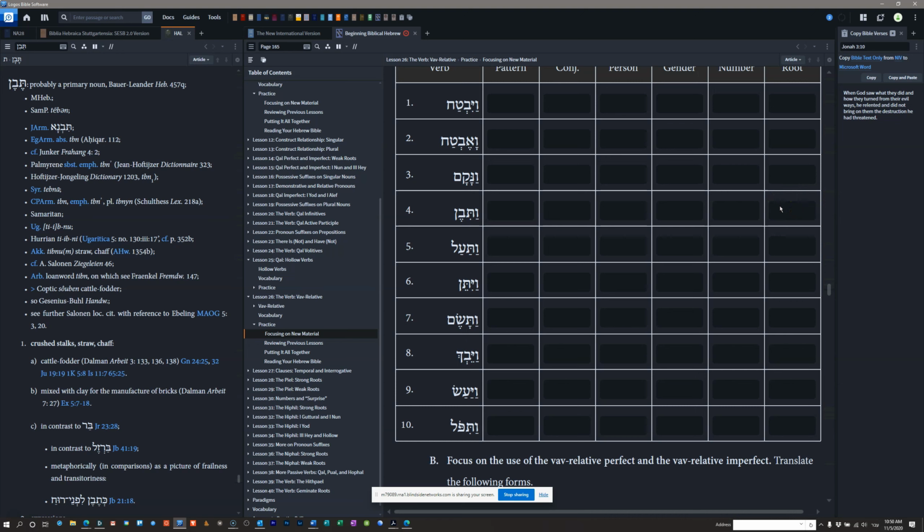All right, pretty straightforward. Let's look at number 5. Number 5 leaves us in a very similar situation. The only difference here is the vowels. It is important to note that we have a short vowel. So we don't have hireq segol, we have patah patah. But the reason for the difference here is the ayin.